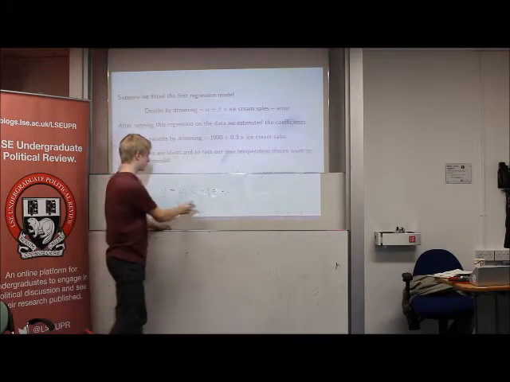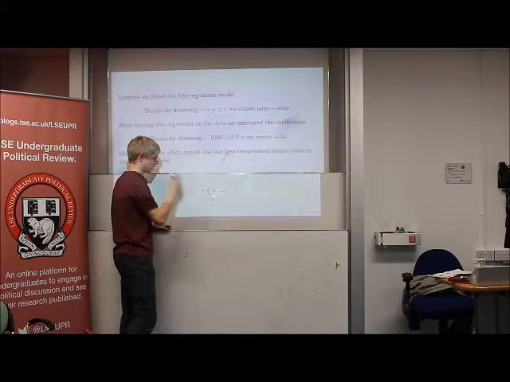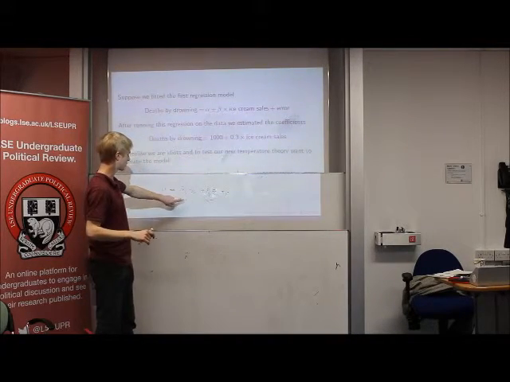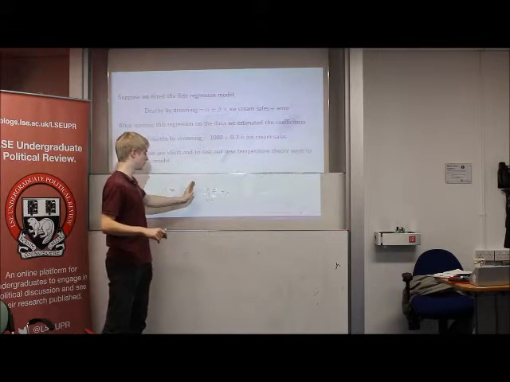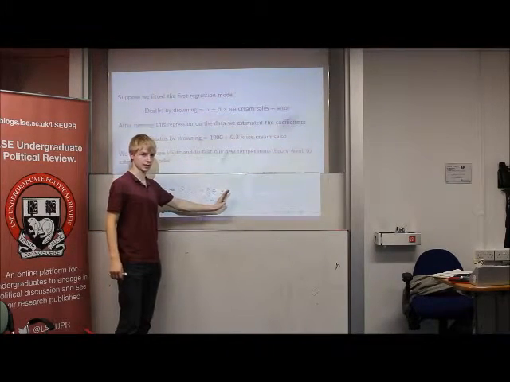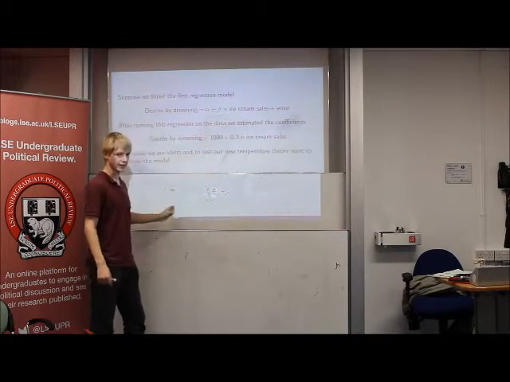So once we've included both of these, what these coefficients are going to give us is the effect that x is having on y removing z. And this coefficient is going to give us the effect that z is having on y removing x.